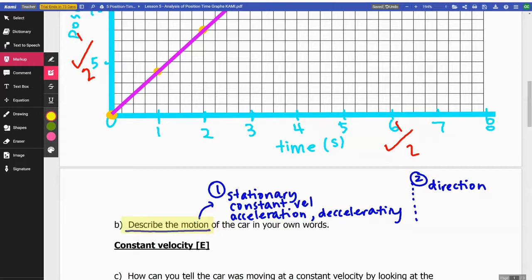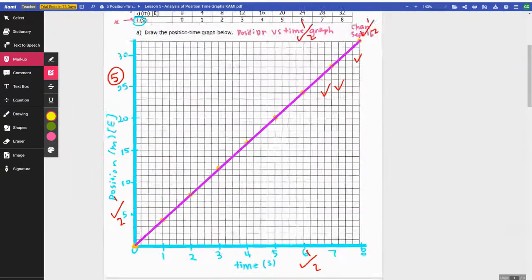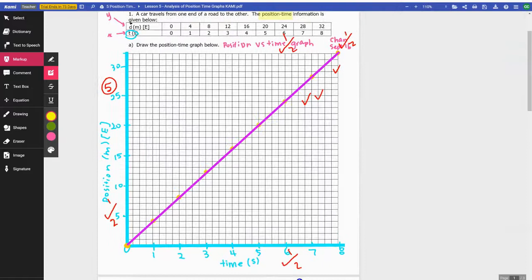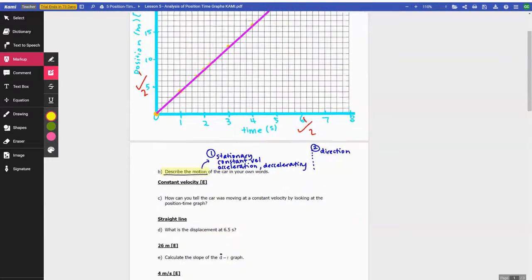The next one asks, how can you tell the car was moving at a constant velocity by looking at a position time graph? If there's no numbers, no letters, and I ask how this graph looks, you would say that it's a straight diagonal line.